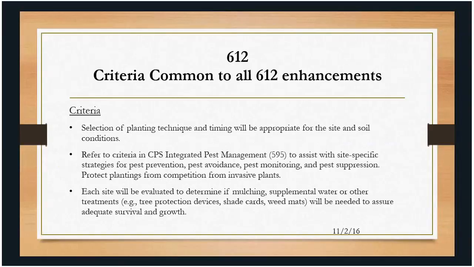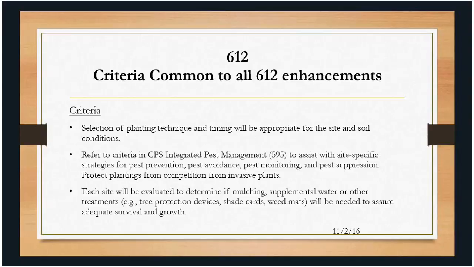Refer to integrated pest management for site-specific strategies for pest prevention, avoidance, pest monitoring, pest suppression. Protect your plantings from competition from invasive plants. Each site will be evaluated to determine if mulching, supplemental water, or other treatments will be needed, such as protection devices, shade cards, weed mats, to ensure adequate survival and growth.